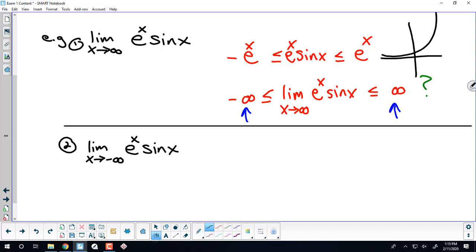Let's just pretend we were still working with this inequality. So what would we know about the limit at negative infinity of e to the x sine x?